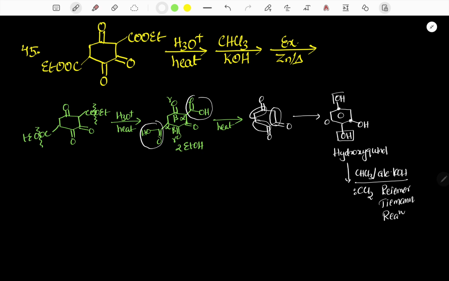With respect to this OH group, ortho, para. And with respect to this OH group, ortho, para. So almost all positions are equally activated. So based on the steric factor, here we can consider the electrophile at the less sterically hindered position. Therefore here we can write the corresponding product in the Reimer-Tiemann reaction. Finally, even though the electrophile is CCl2, we write simply the aldehyde group CHO.